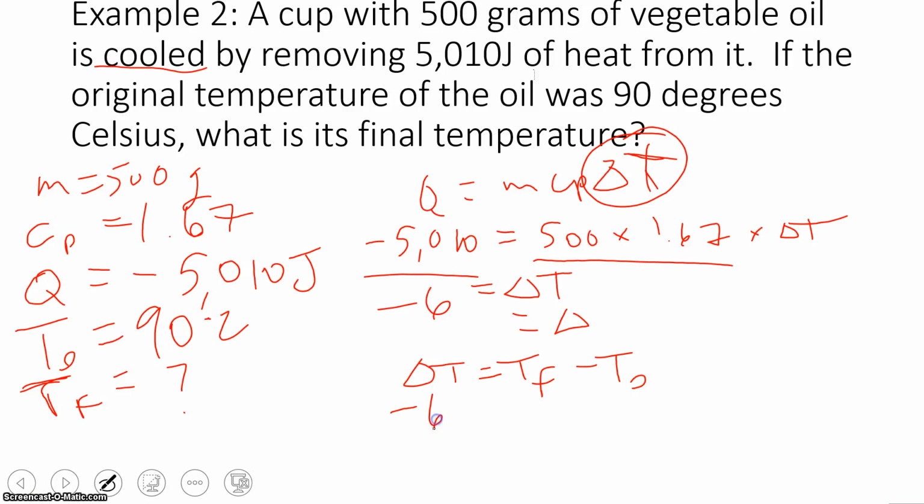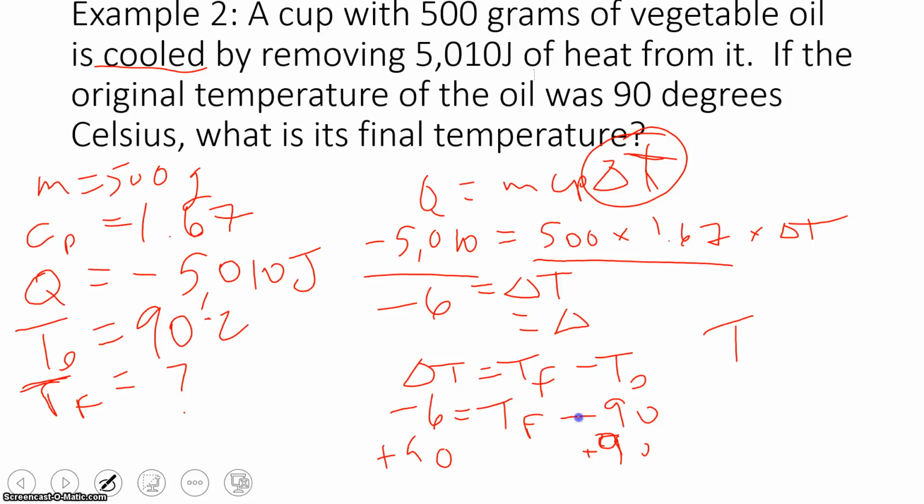So then negative 6 equals T final minus T original, which is 90. So I'll add 90 to both sides, and I'll get that T final is negative 6 plus 90.